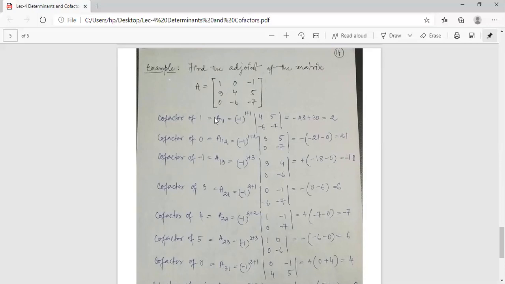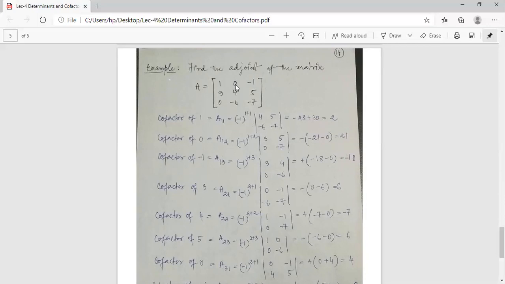The cofactor of 1 is denoted as capital A11 and its value will be, according to its location, -1 to the power i plus j, that is 1 plus 1, and then the determinant of the remaining submatrix, that is the determinant of the matrix 4, 5, -6, -7, after excluding the corresponding row and corresponding column of 1. So its value will come out as 2. Since 1 plus 1 is 2, even, it will have a positive sign.